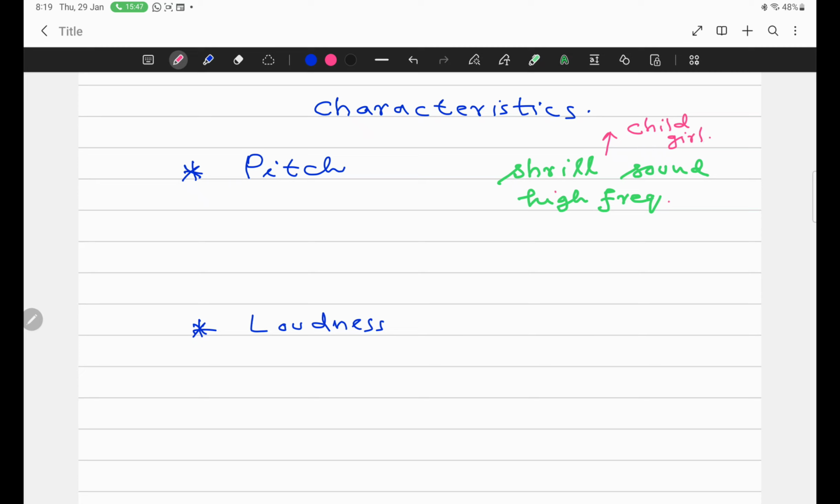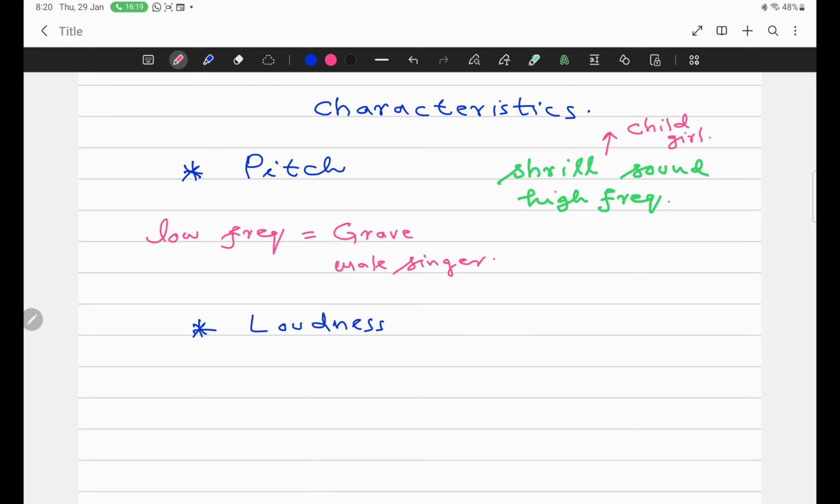But if the frequency of the vocal cord is low, then remember, low frequency, low pitch sound is a grave sound. And usually a male singer's sound is a grave sound. And I will share a video in which a teacher is producing different pitch sounds by different musical instruments.